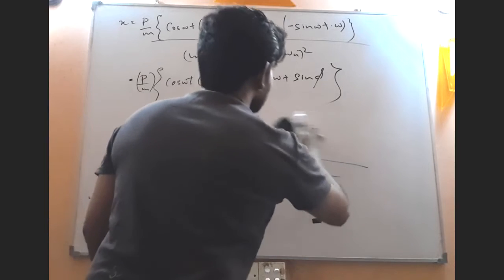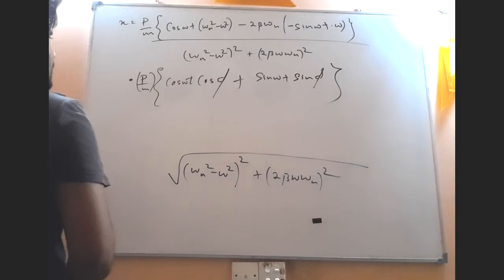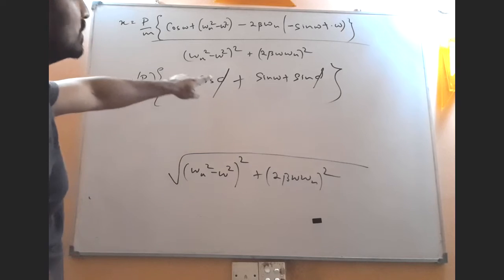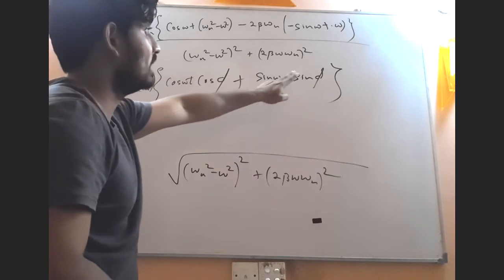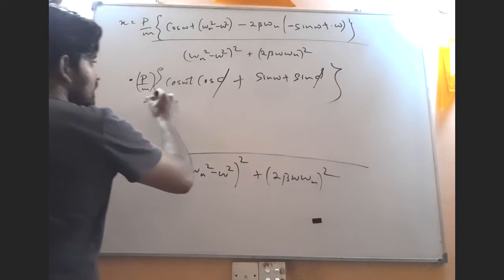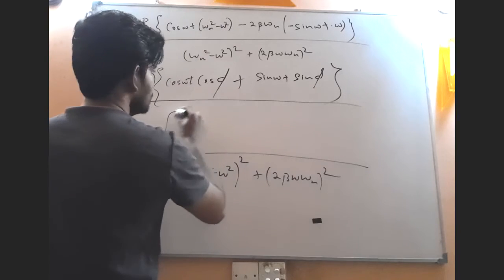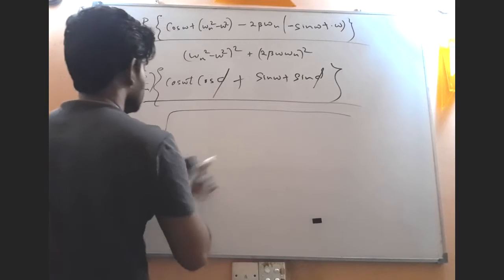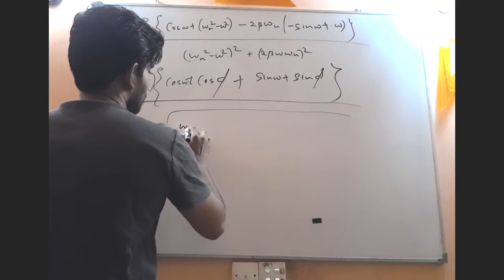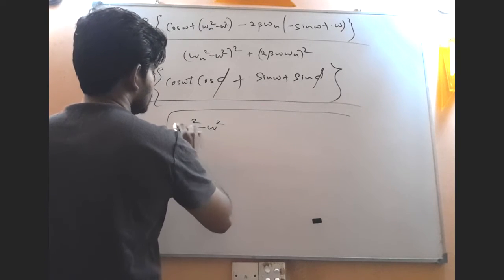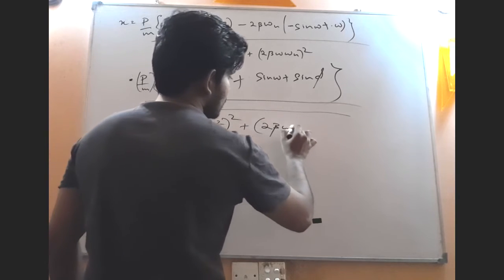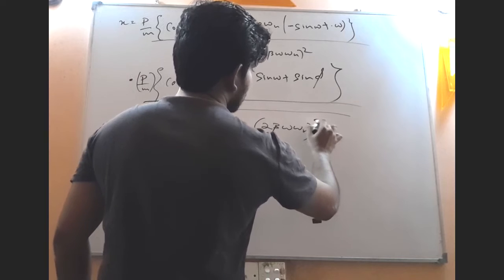So let's write that neatly. P divided by m, cos omega t cos phi plus sin omega t sin phi, divided by square root of omega n squared minus omega squared plus 2 beta omega omega n whole squared.